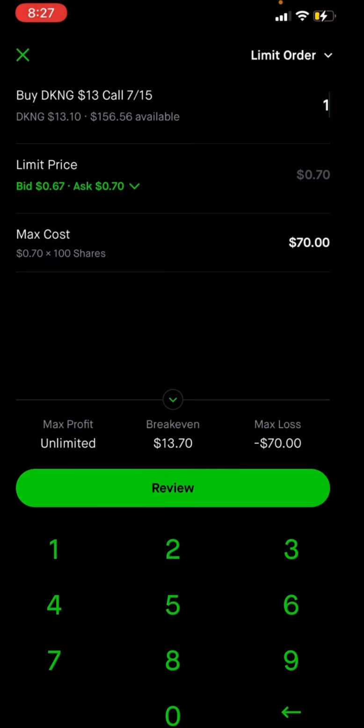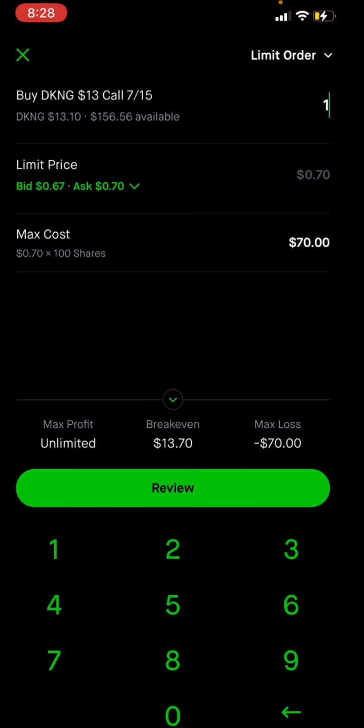Depending per contract, it's 100 shares, right? Until this 15th, we are renting. We aren't buying. If you want to buy a company, you buy shares of it. With options, we're renting. We're gaining the same credibility as somebody who owns 100 shares of the company, but just for a certain amount of time.